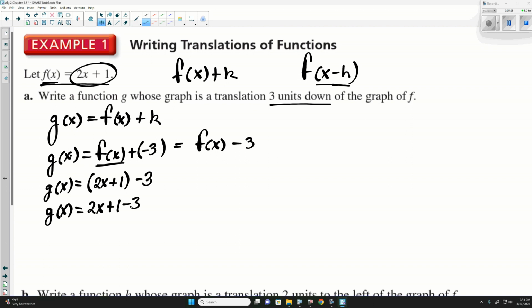Do we have any like terms? 1 and 3, we can combine those, telling us that g of x is 2x minus 2. And that's it.